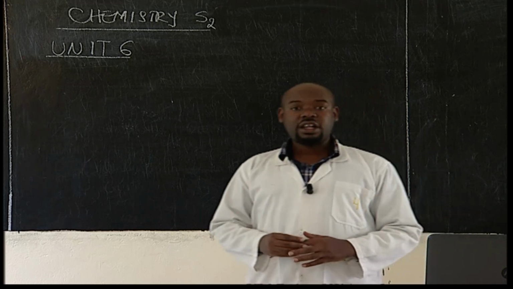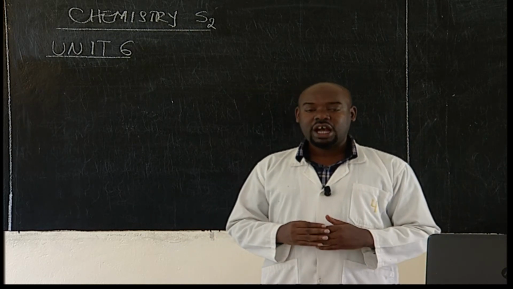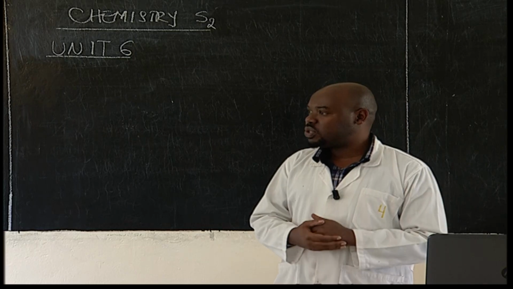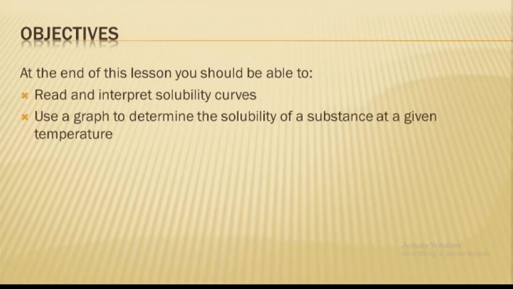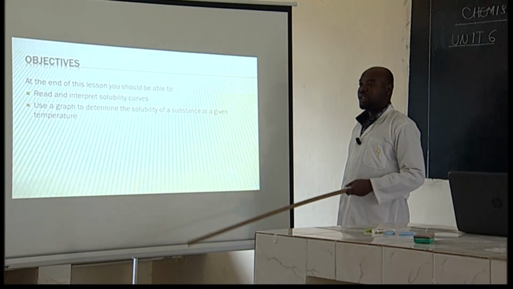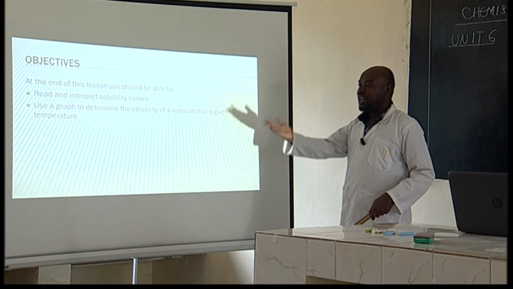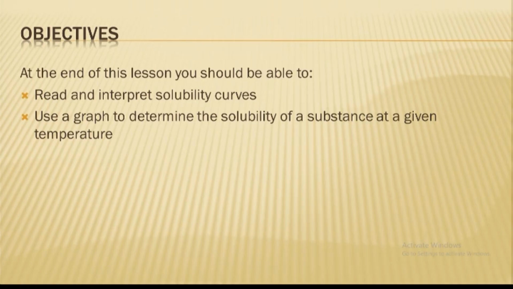Before we start today's lesson, let us have a look at the objectives of our lesson. At the end of this lesson, you should be able to read and interpret solubility curves. I give you a solubility curve. You should be able to explain the information you are reading from it. You should be able to explain why it is like that.